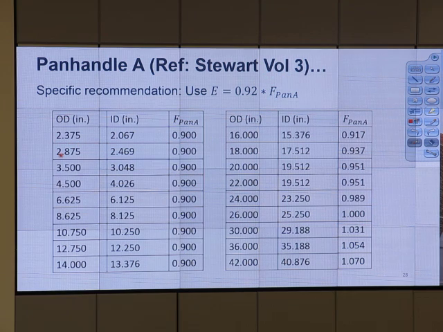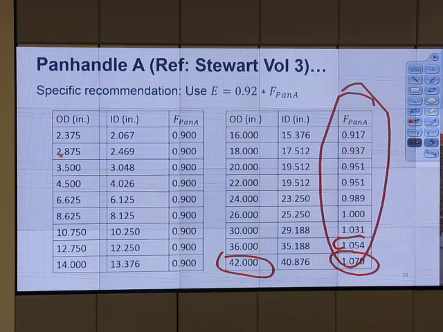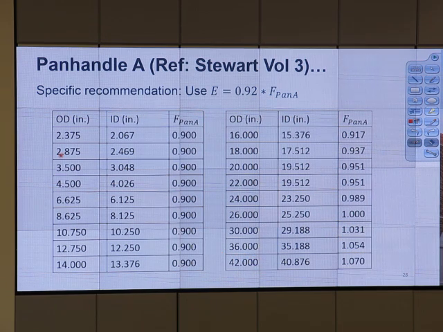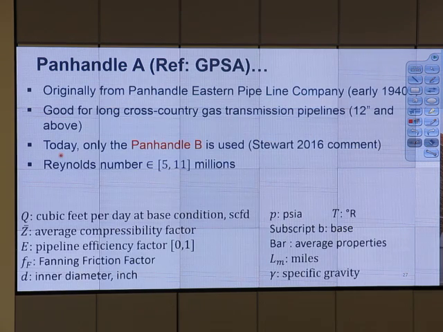If your pipe is greater than that, like 42 inches, you have 1.07 something. This is to make it a little more accurate for Panhandle A. But for Stewart, I use volume edition 2, I think, so they don't write the book together like Arnold and Stewart. Not anymore. For this part, it's just Stewart.